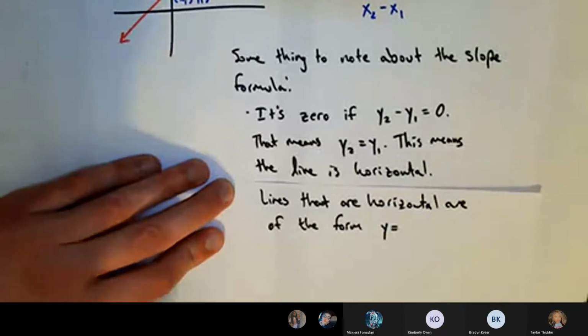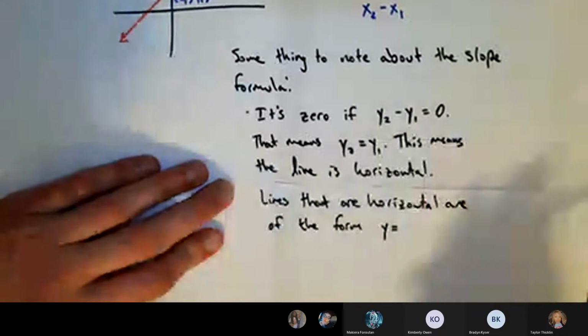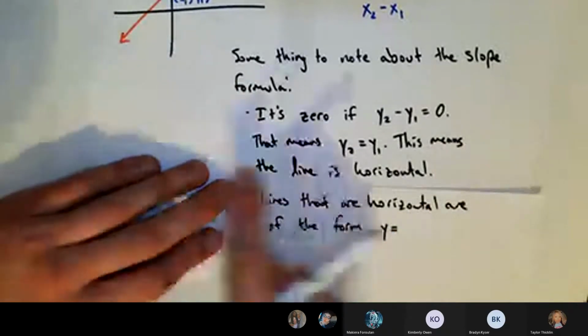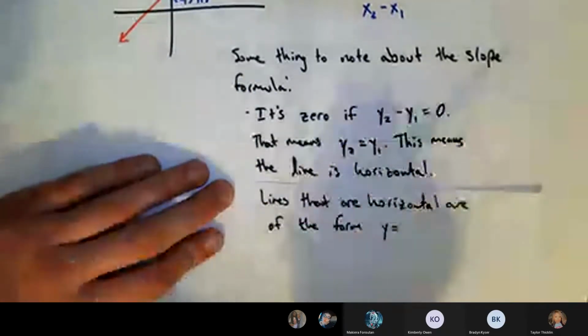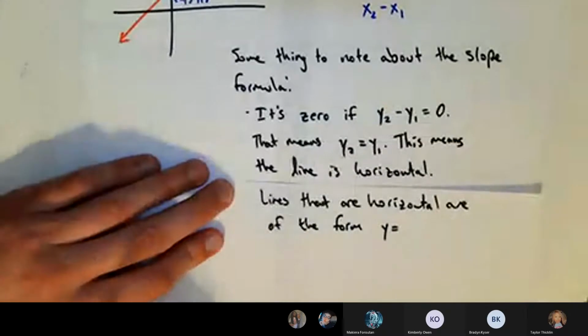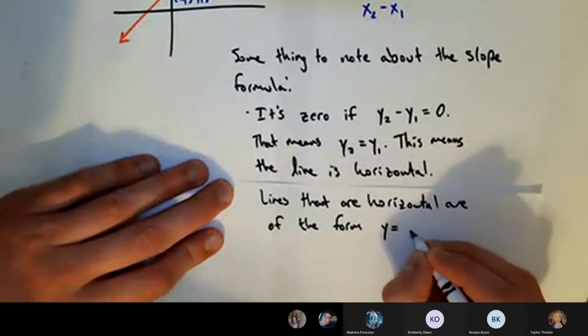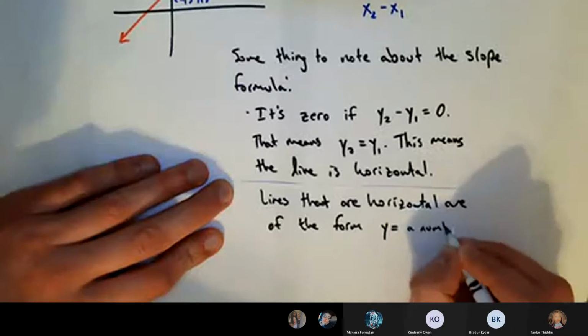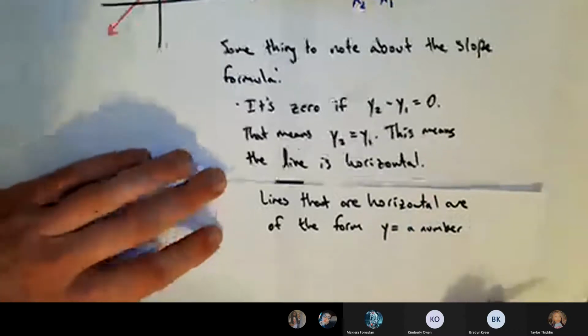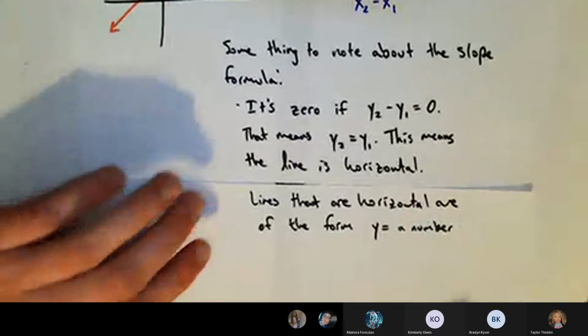I could say 3, and that means it would be a flat line at 3. I could say 0, and that would mean it would be a flat line right along the x-axis. I could say -2, and that would mean it would be a flat line at -2. So I'm just going to say equals a number here. I don't want to confuse you and put another letter there.